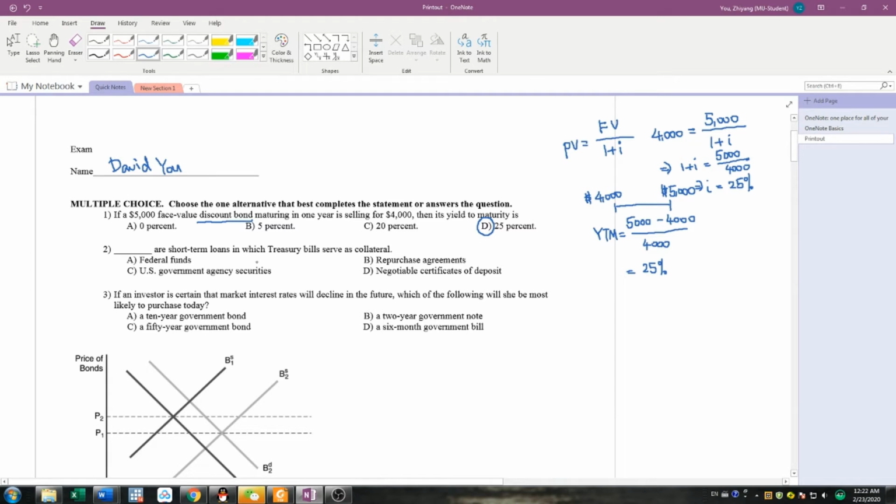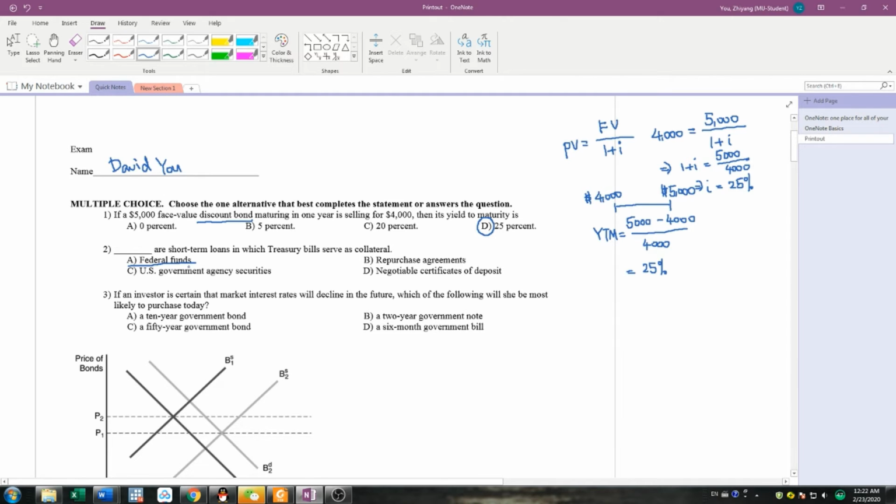Okay, the second question requires a lot of memory, so you need to know what these things are. It's asking which of the following options are short-term loans in which treasury bills serve as collateral. All right. So the first thing, you probably haven't heard about this. It's a federal fund. So if you haven't heard about it, it won't be the right answer.